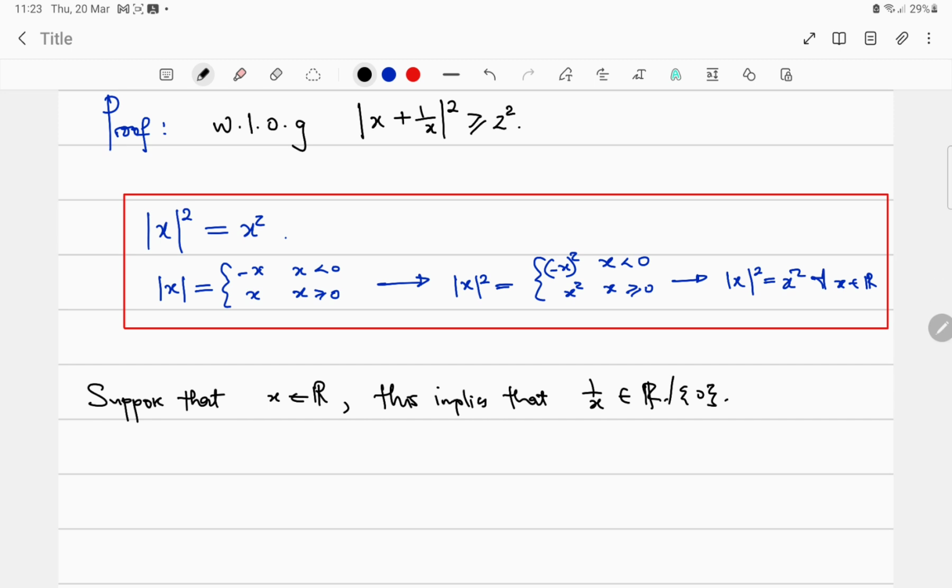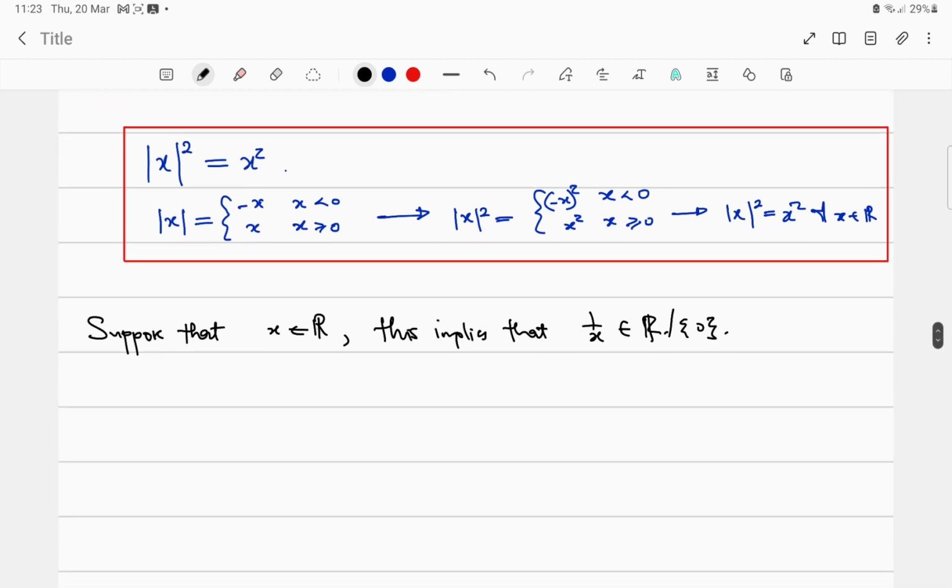And what does that imply? It implies that if we take x minus 1 over x squared, before that, we know that this is a difference of real numbers. The difference of real numbers is a real number.